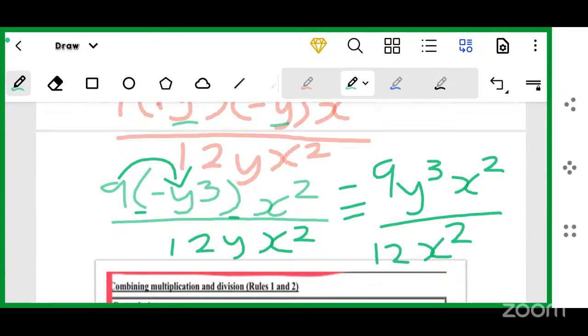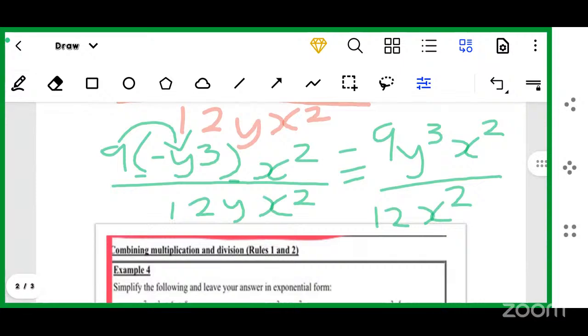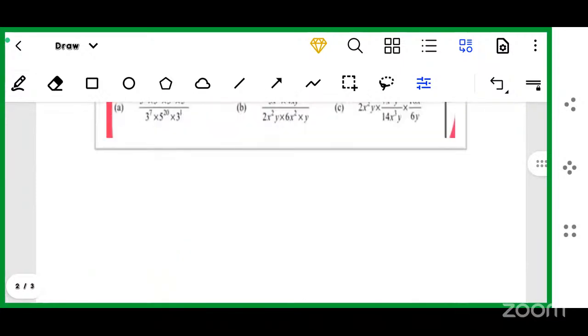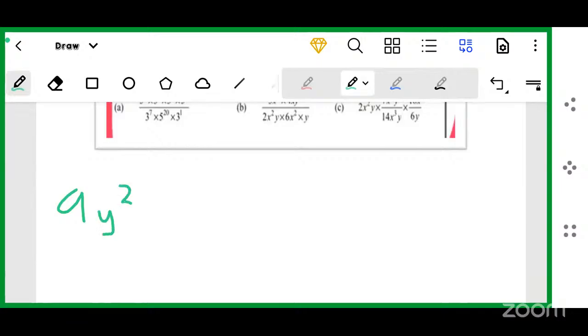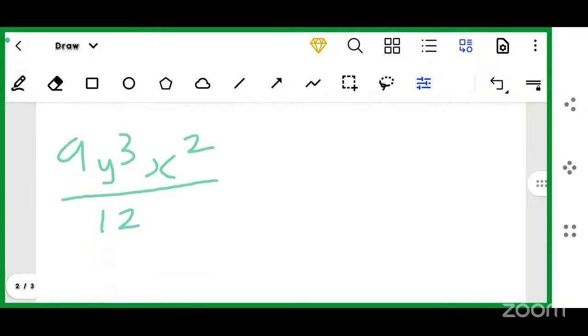So let me take this below so we can work it out. So it's 9y3x2 over 12x2.